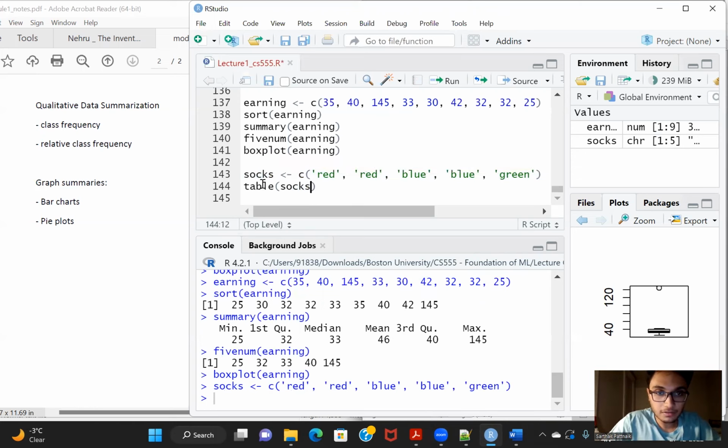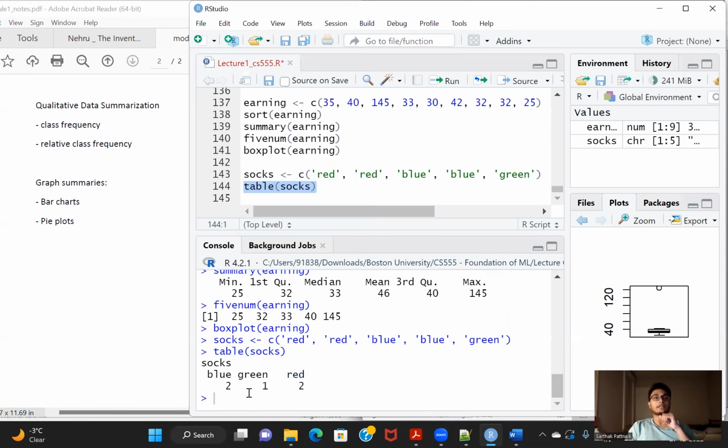If I give socks to my table function, then it will tell me that I have two blue socks, two red socks, and one green sock. So to analyze categorical variables, frequency becomes an important measure.